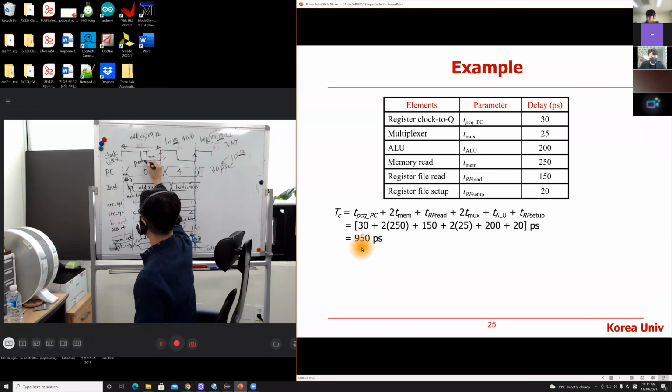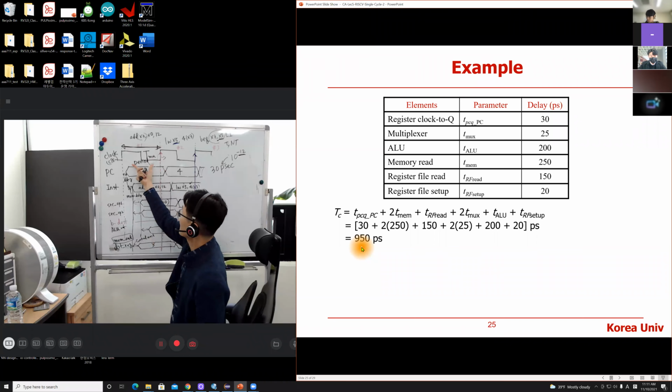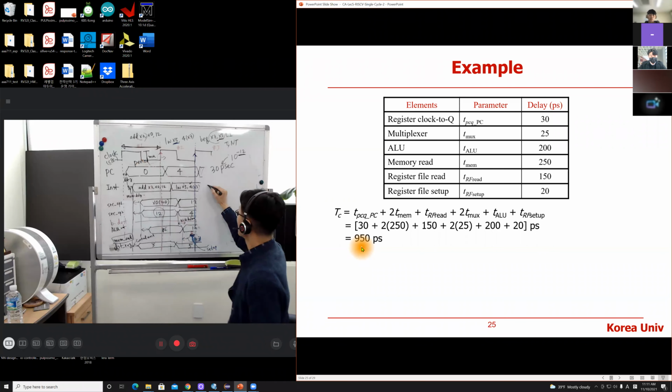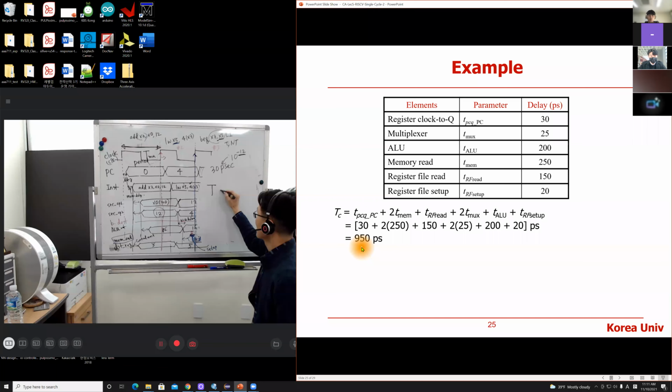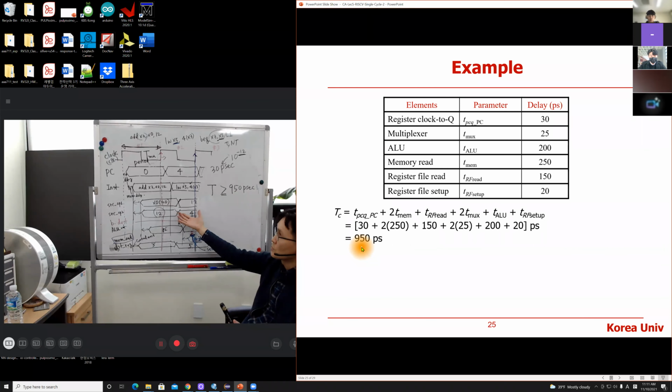Period, 주기 in Korean. Minimum clock period. So this clock period T is supposed to be 950 picoseconds. The clock period is supposed to be equal to or bigger than this number for the single cycle CPU to operate properly.